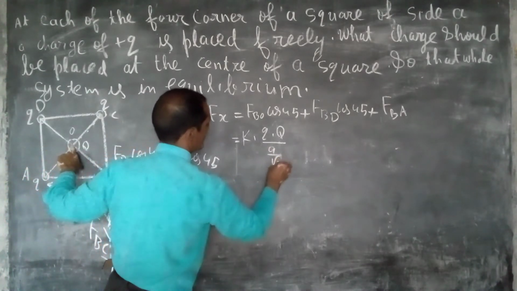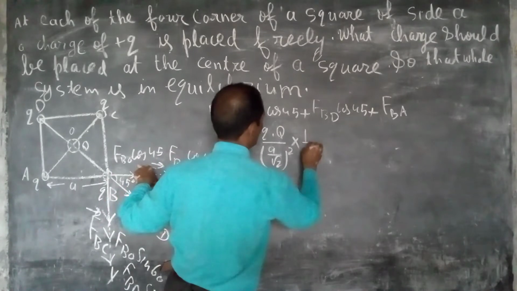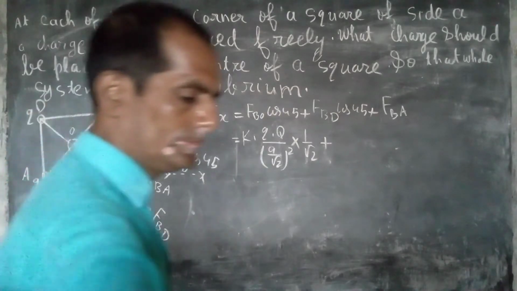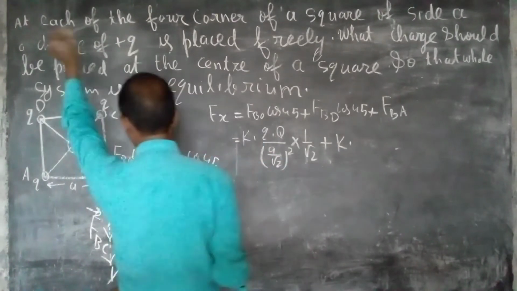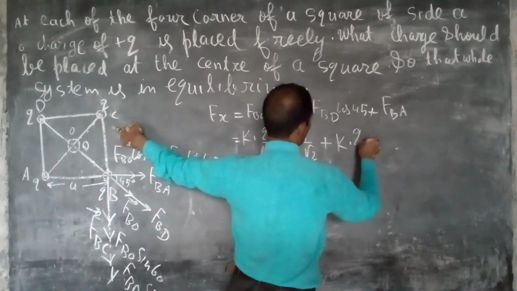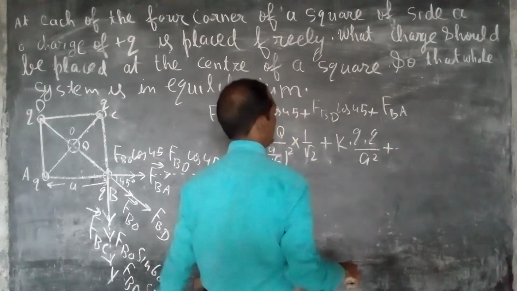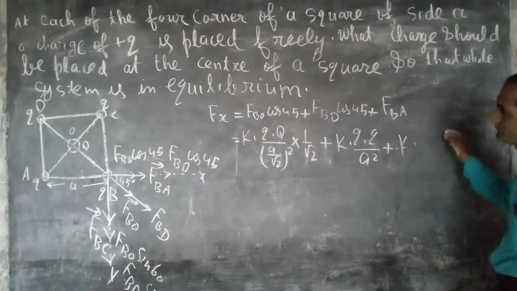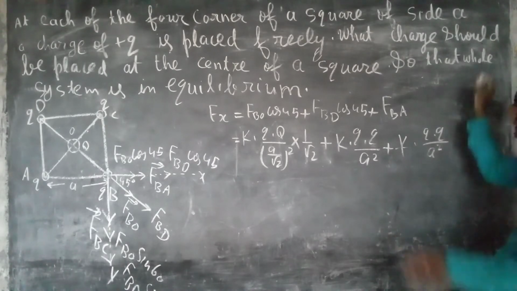So a upon root 2 whole square into cos 45, which is 1 upon root 2, plus FBD, which is K into the charge on B, q, into the charge on D, q, upon a square, plus FBA, which is K into the charge on A, q, charge on B, q, upon a square.